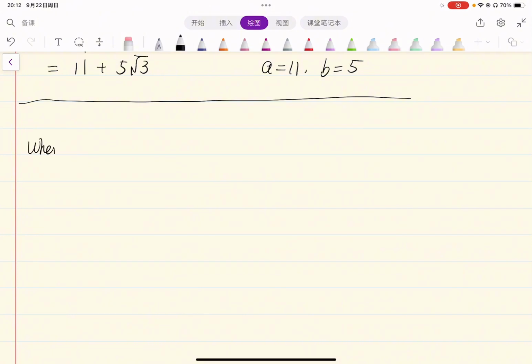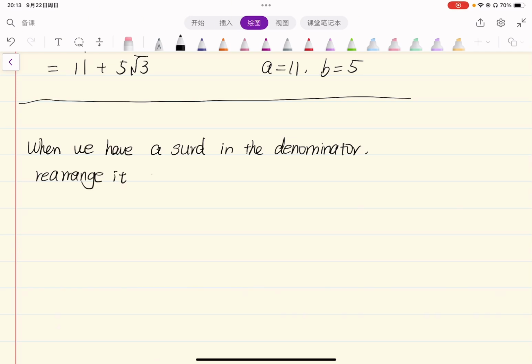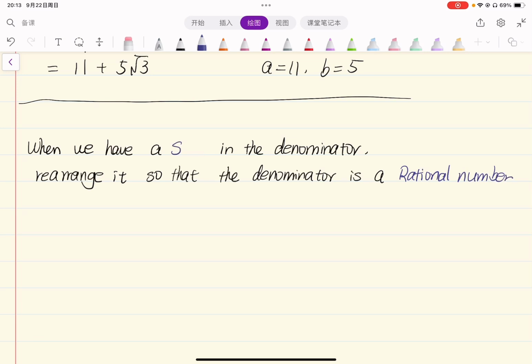When we have a surd in the denominator, we sometimes rearrange it so that the denominator is a rational number. Then what we do is called rationalizing the denominator.